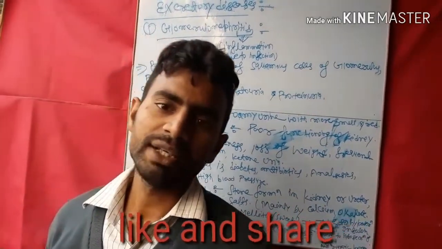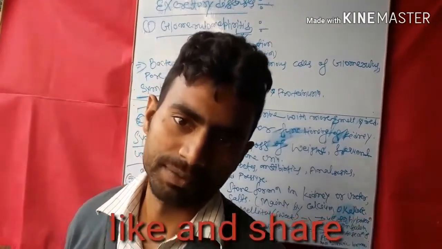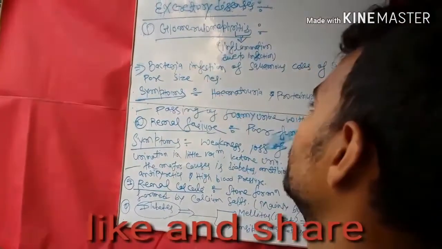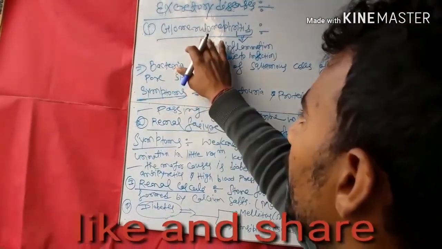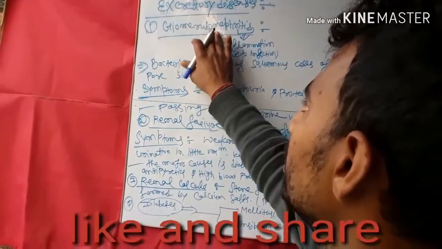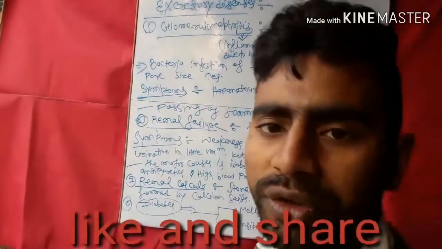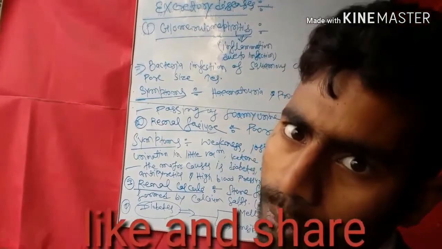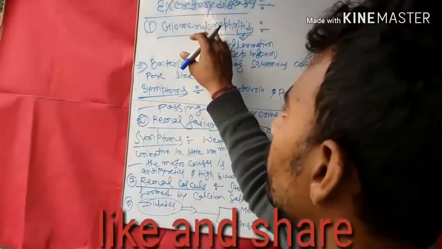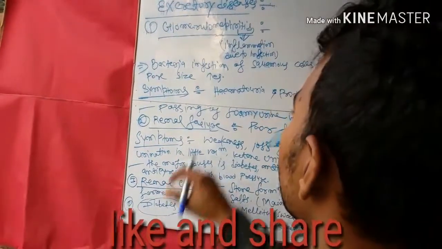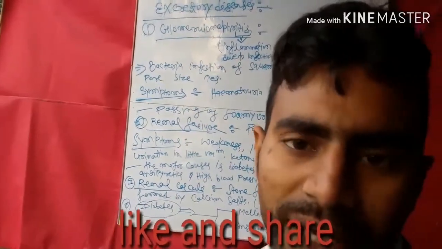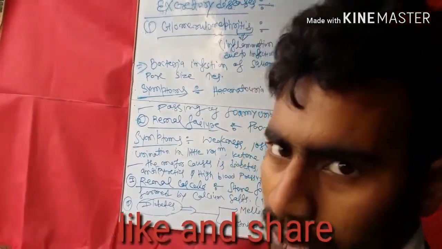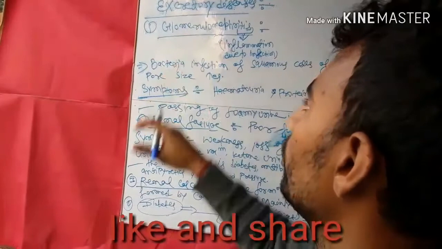Itis means inflammation. So glomerulonephritis means inflammation due to infection in the glomerular part of the nephron.